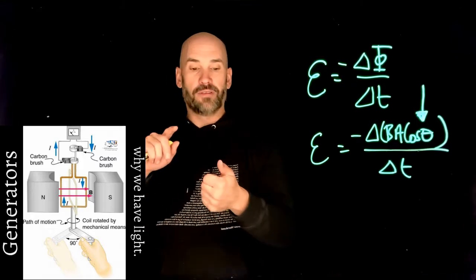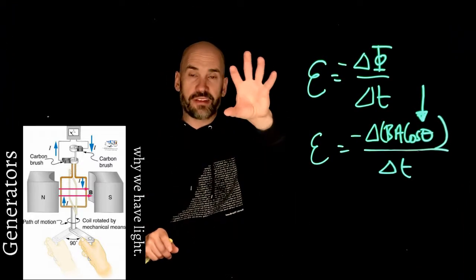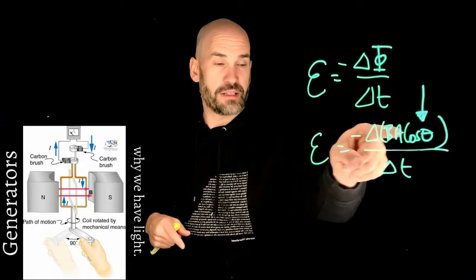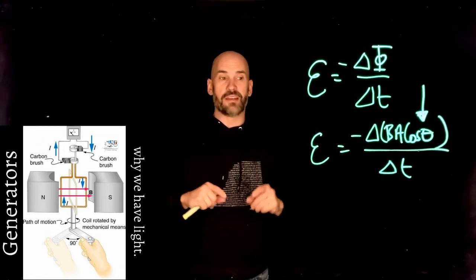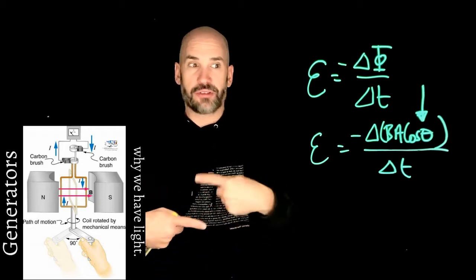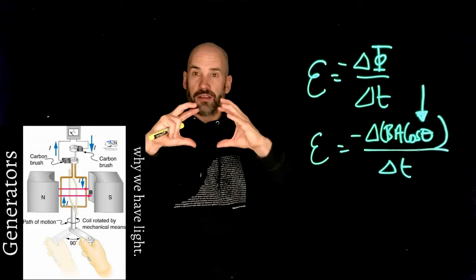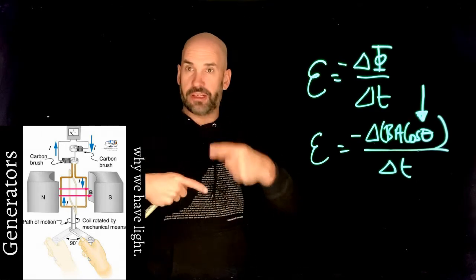In the case of a wind turbine, it is wind that's turning this turbine, which turns the coil, which changes the flux through the magnetic field, which gives you a voltage. In the case of hydroelectric power, it is water that pours over a turbine, that turns a turbine, that changes the angle of a coil inside of a magnetic field that induces a current in that coil.